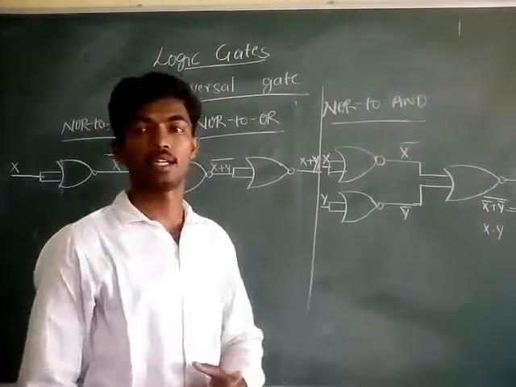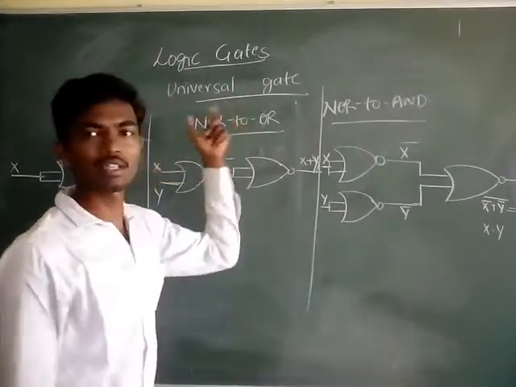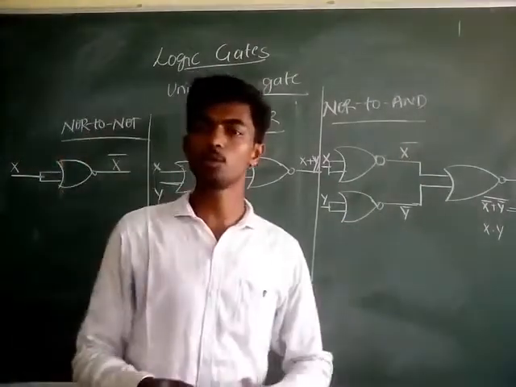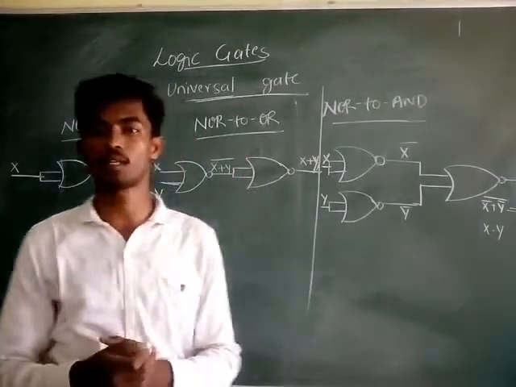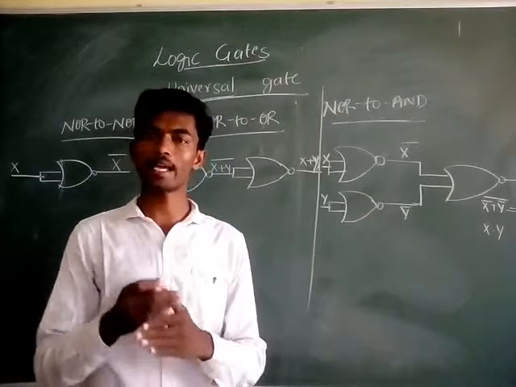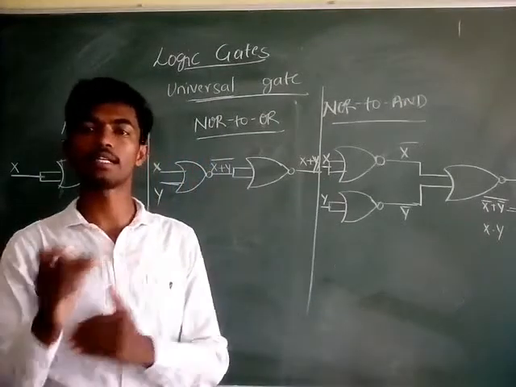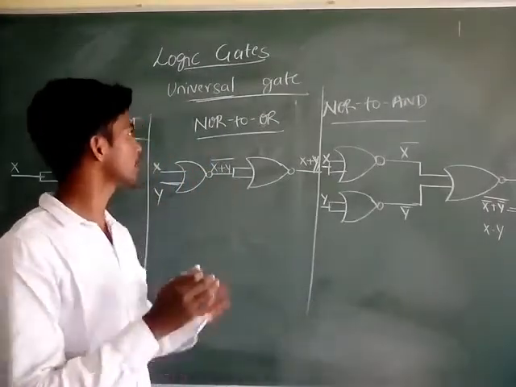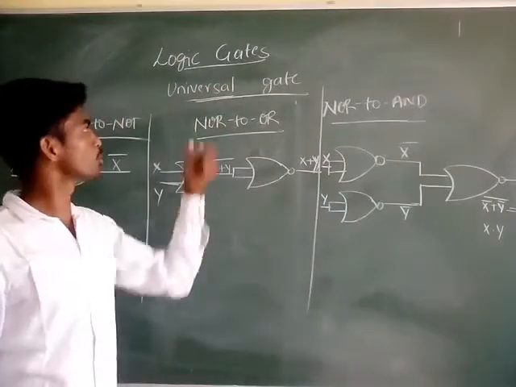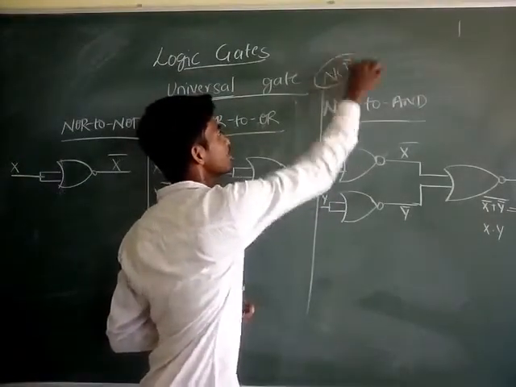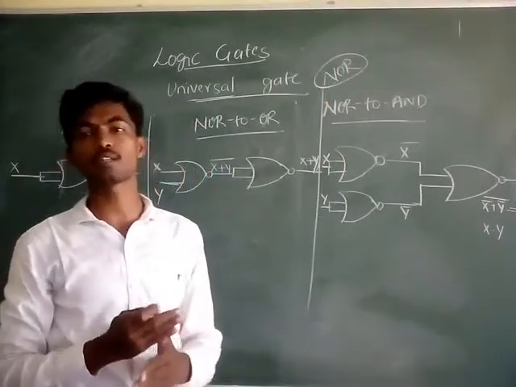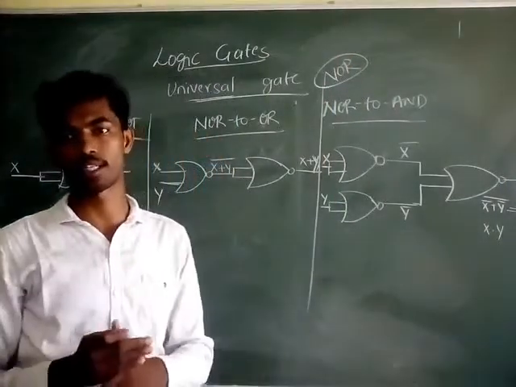Here you can observe the universal gate, the NOR gate. You can call this NOR gate universal because we can derive the basic logical gates using this universal gate. NOR gate is nothing but a combination of a NOT gate and the OR gate, right?